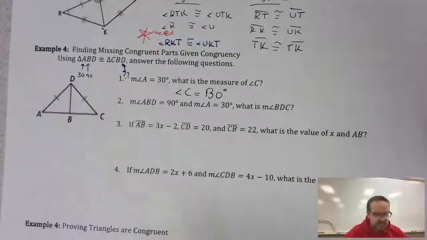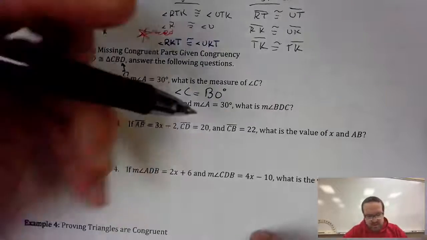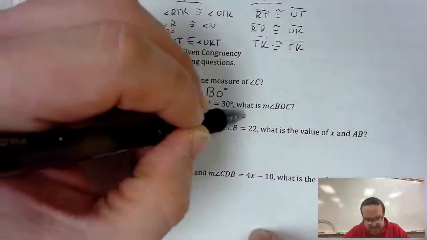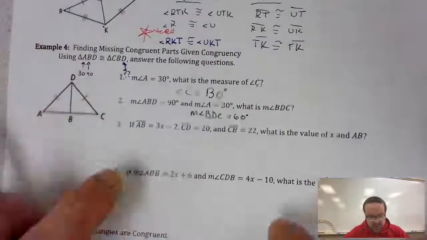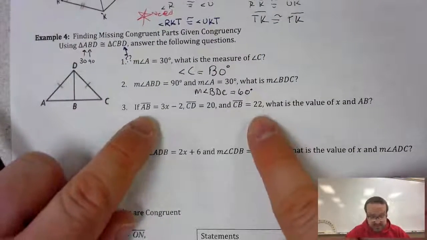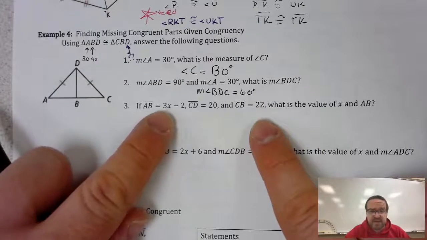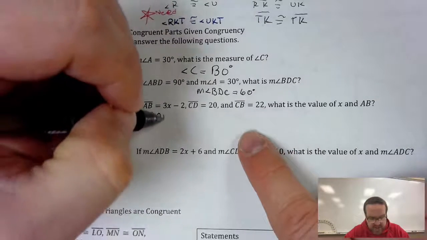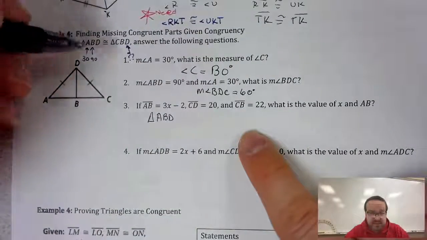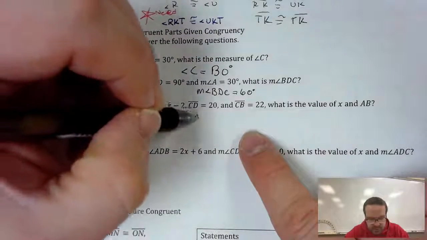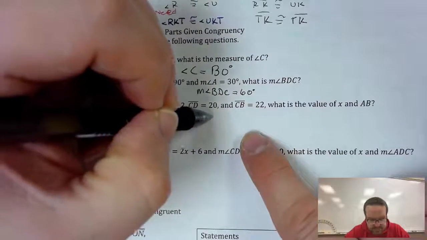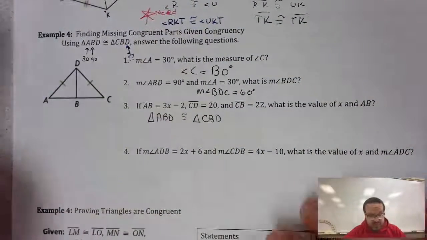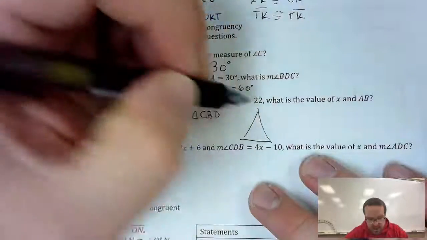We could do the same idea with the length here. If AB is 3x minus 2, right? So triangle ABD, again just copying this down here, congruent to triangle CBD. So it looks like, and maybe it's helpful to draw it here, A, B, D, and C, B, D, right?